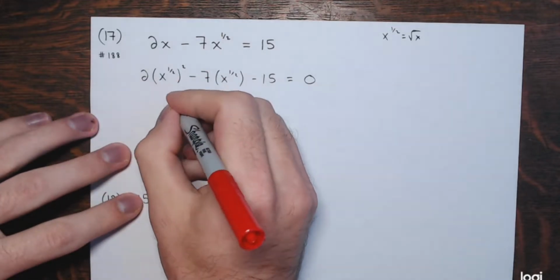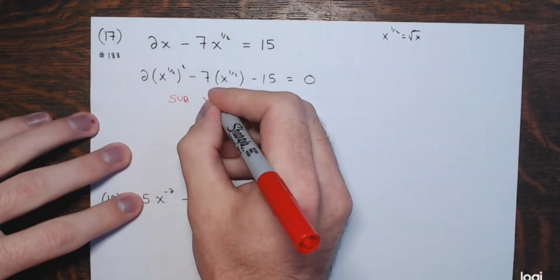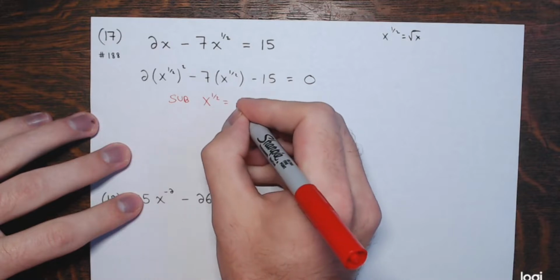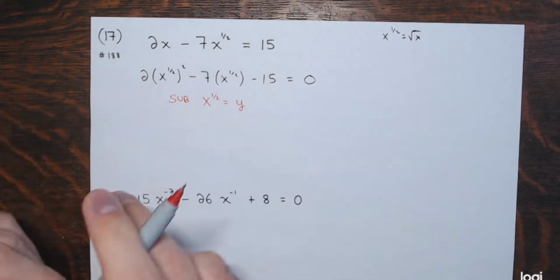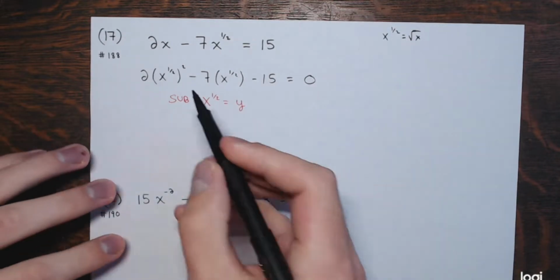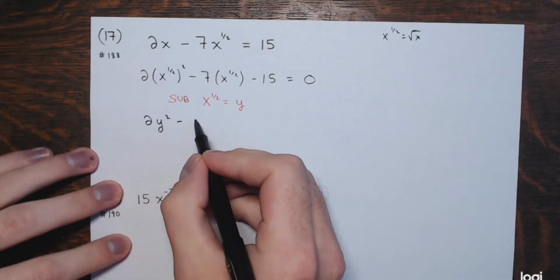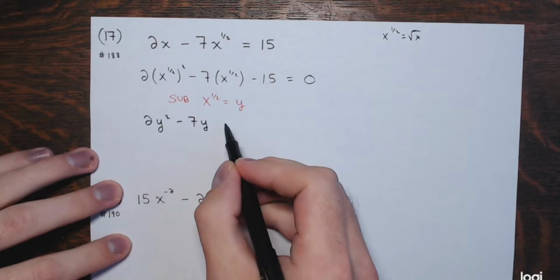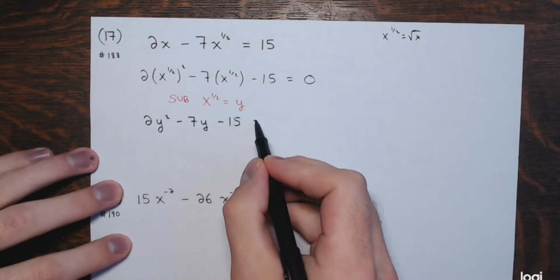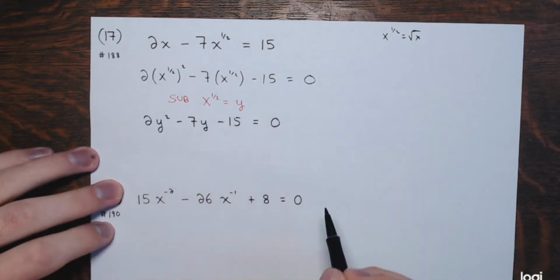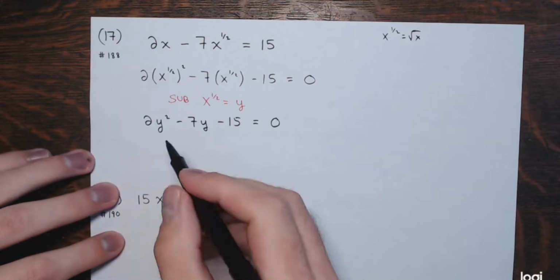So now I'm going to sub this x to the half. I'll replace it with y, some other letter. So this becomes 2 times y squared minus 7 times y minus 15 equals 0. And this is factorable. I can see it right away.